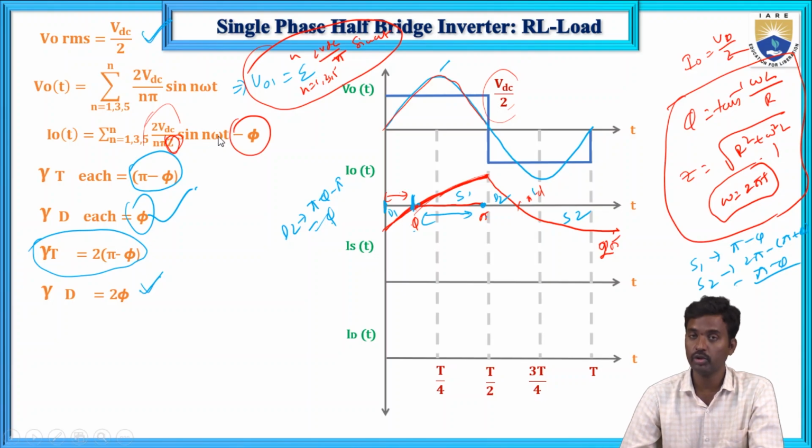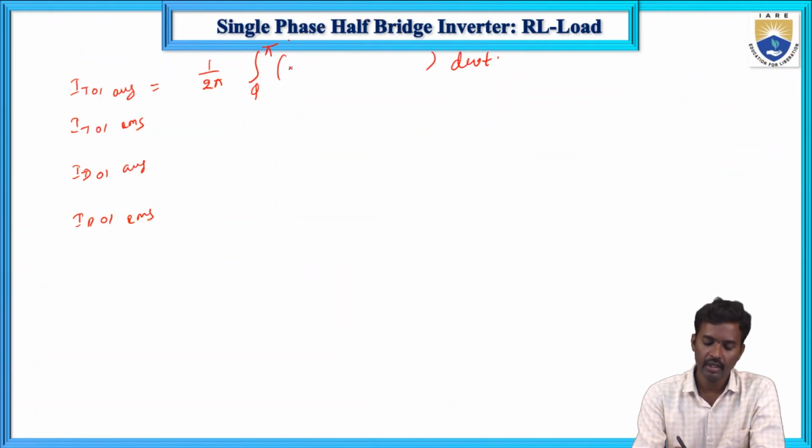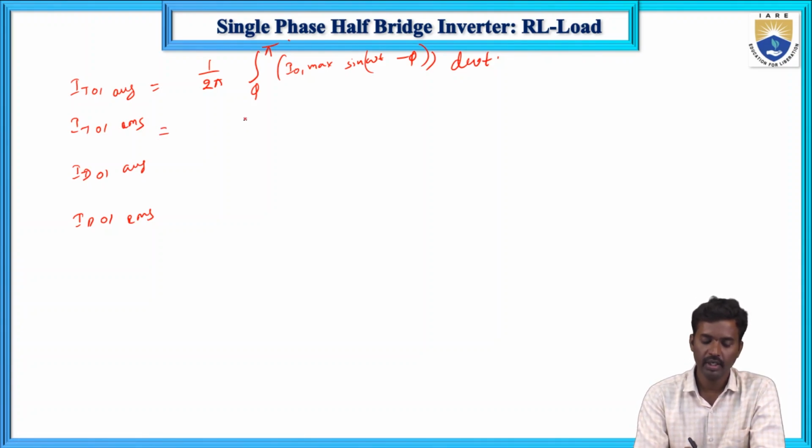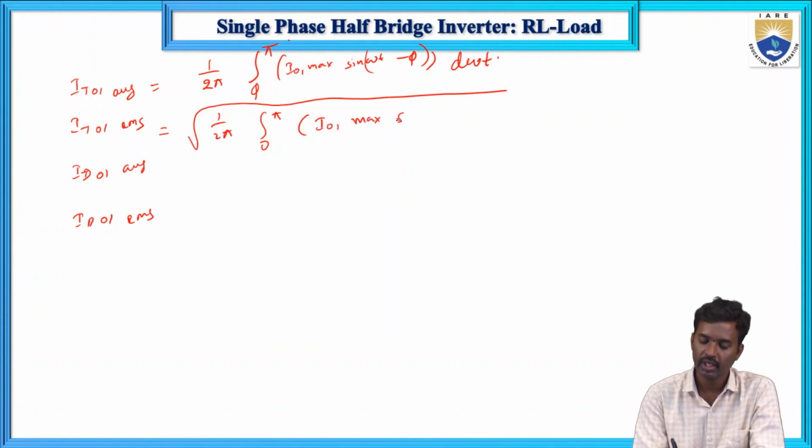So here n equals 1, that is fundamental, and I01 maximum sine omega t minus phi. And next here, under root 1 by 2 pi, so that equals phi to pi, I01 maximum sine omega t minus phi whole square into d omega t.